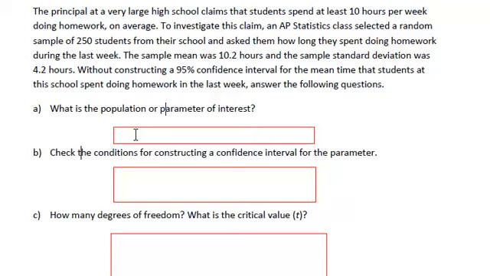So for this question, it's trying to find the mean time that students at this school spent doing homework in the last week. The population that we're talking about are these high school students.